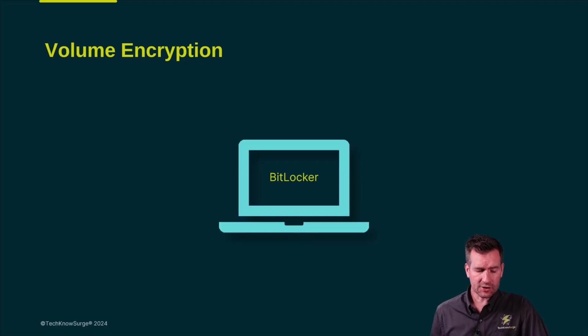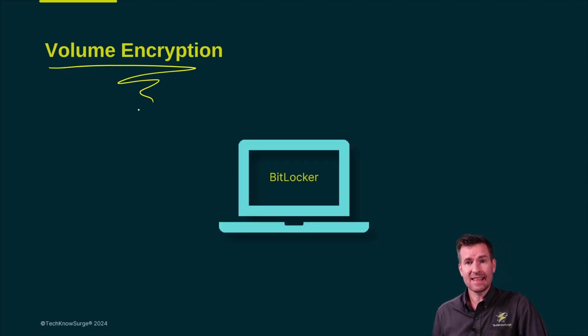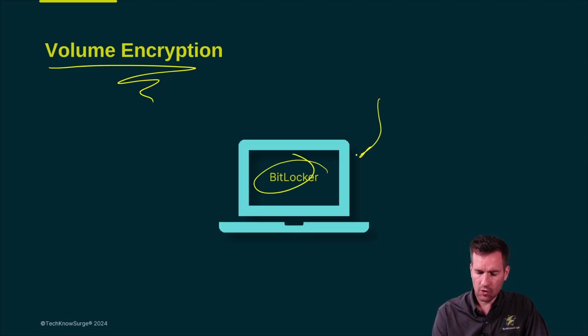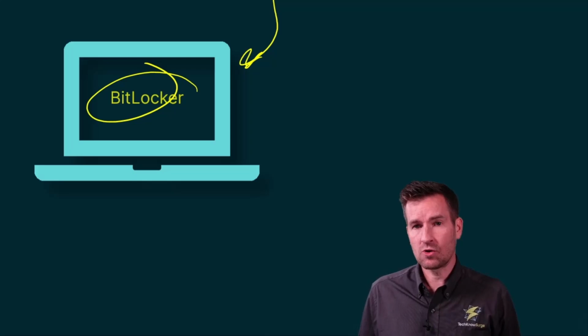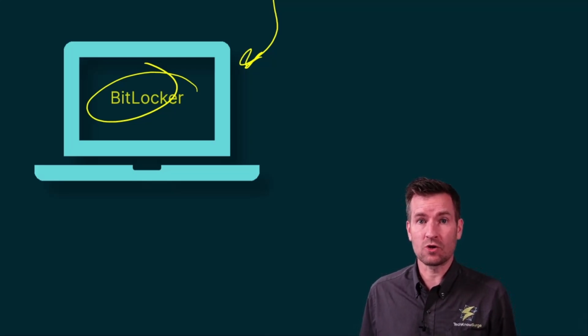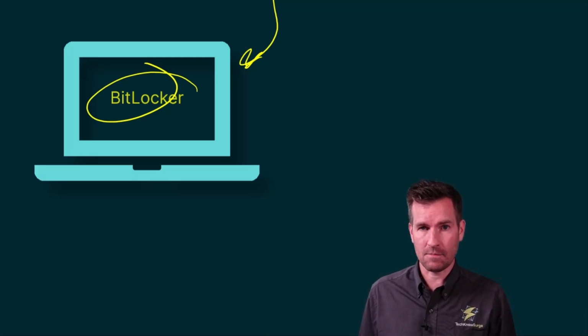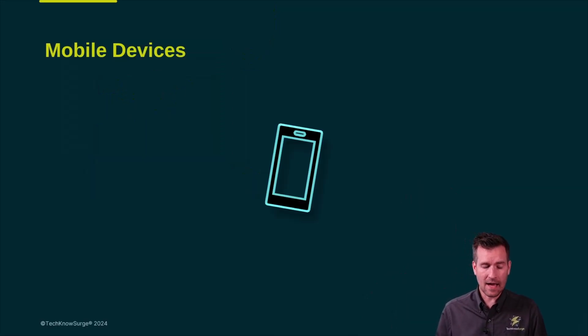One thing that Microsoft has done on their more recent Windows systems is they've turned on volume encryption. It's called BitLocker. Your computer will automatically, by default nowadays, or at least on the newer versions of Windows, use volume level encryption to protect the data on that computer. We're also seeing encryption come on by default for mobile devices.